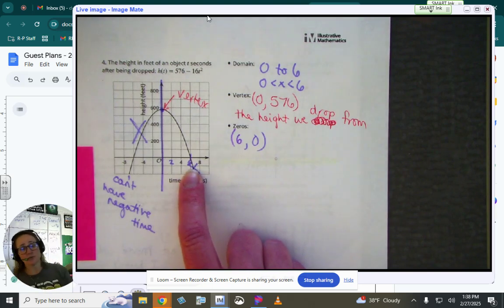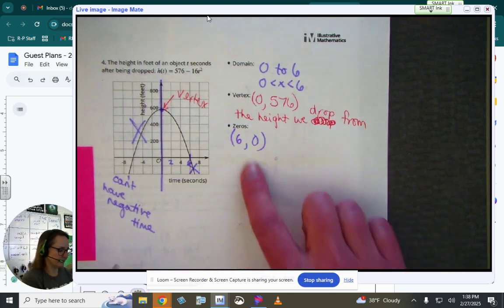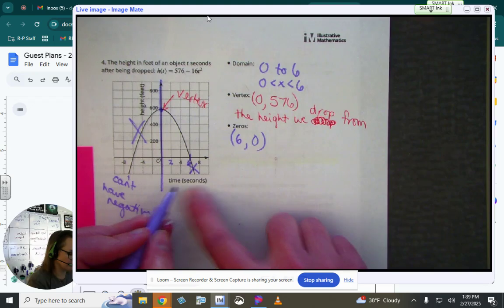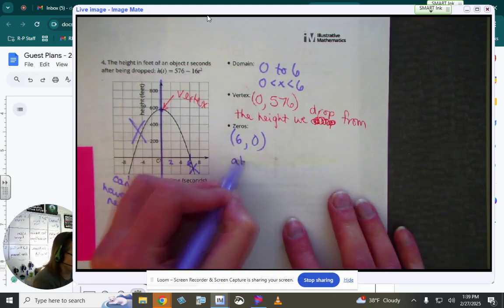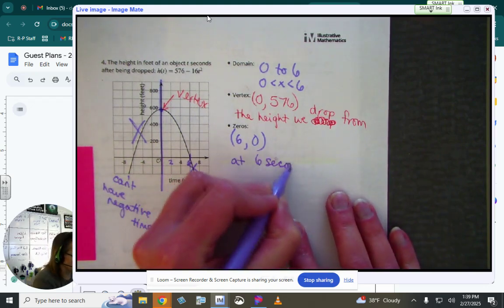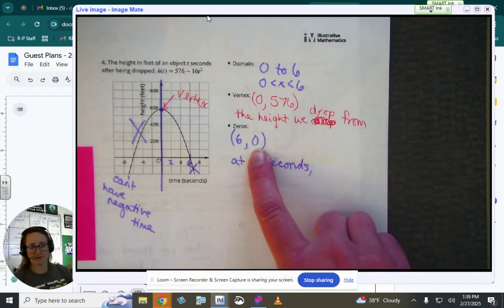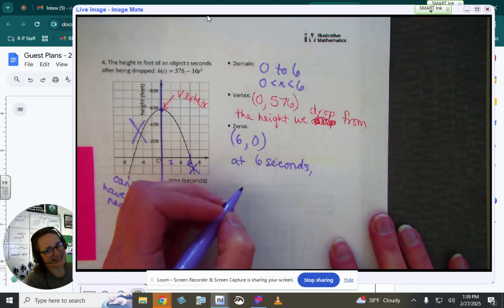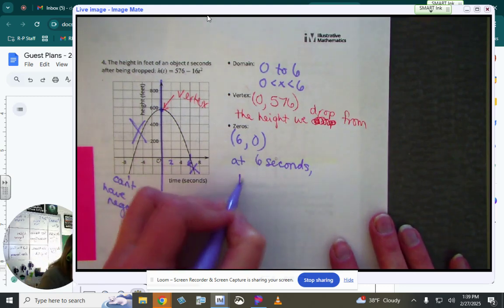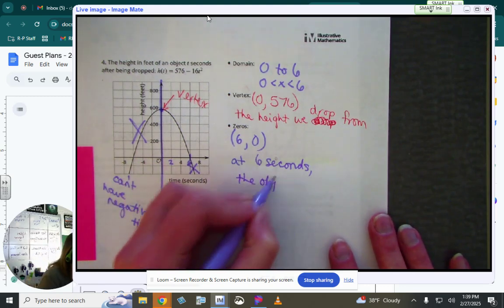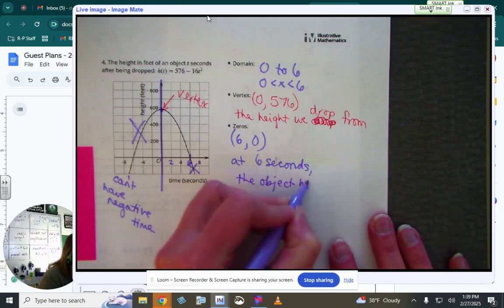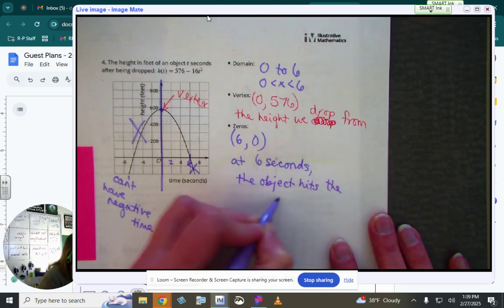And so to interpret that and explain what that means, that is happening at time seconds. So at 6 seconds, this object has 0 height off the ground, and that means the object hits the ground.